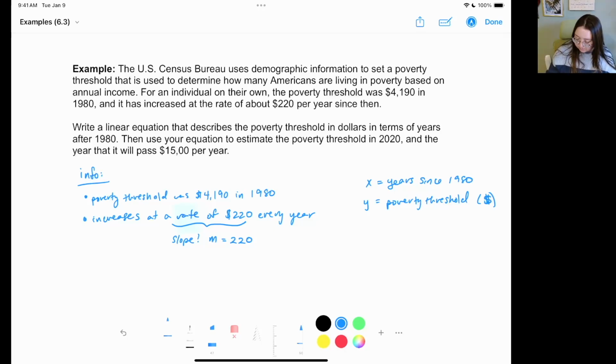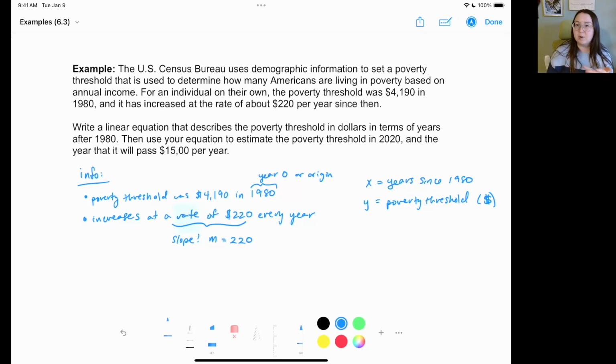Now, another thing that we were told is that the poverty threshold was 4,190 in 1980. 1980, remember, we're treating like the origin or year zero in this case. So if that's zero, then the 4,190 is your Y value when X, the years, is zero.